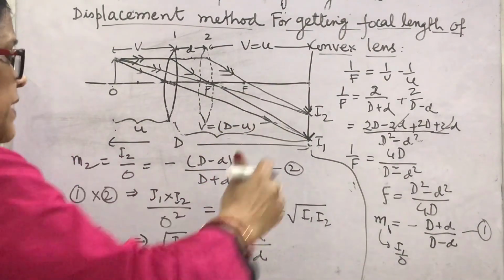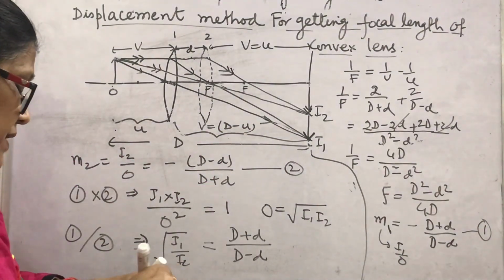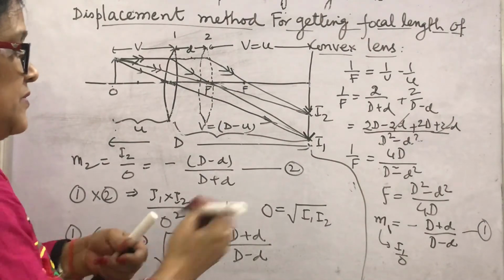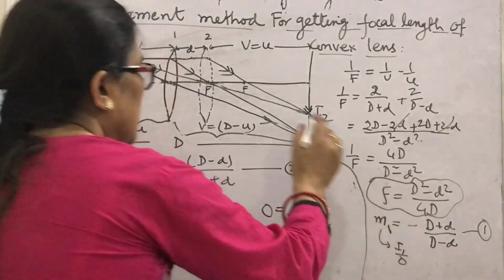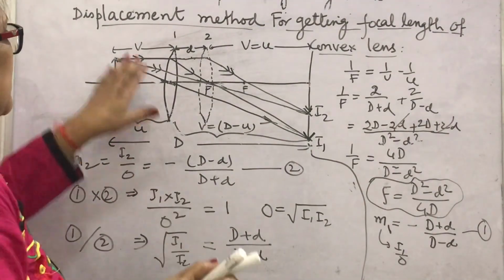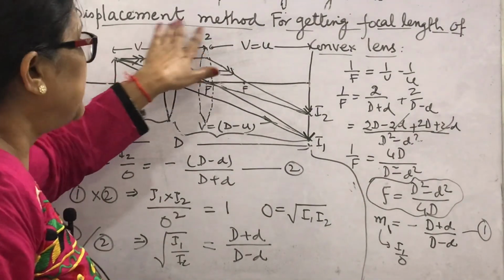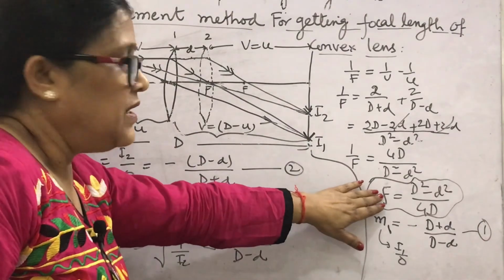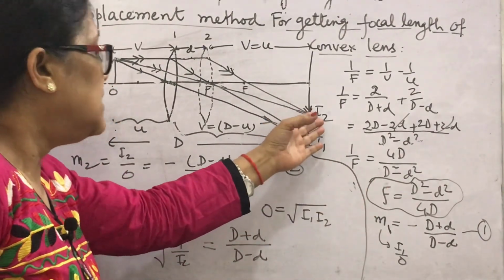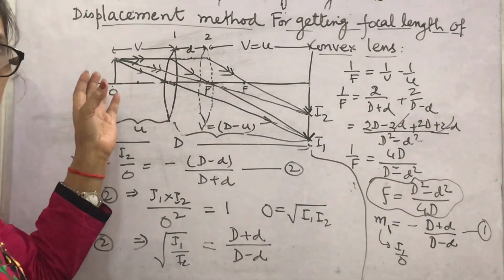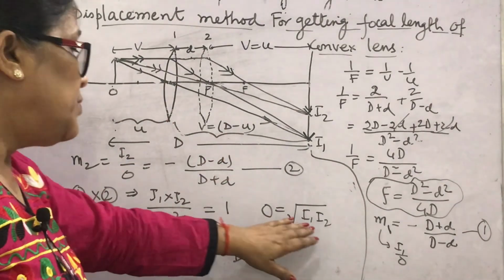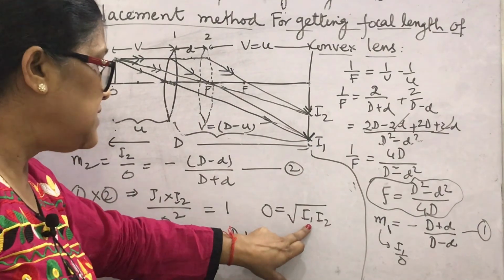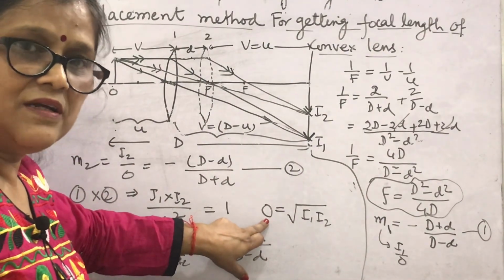So in various numerical problems, how to get the focal length, this is the formula for focal length using the displacement method. What is the focal length relation, keeping the distance between screen and object constant? What is the relation between the two sizes of images with the size of object? I have given you.